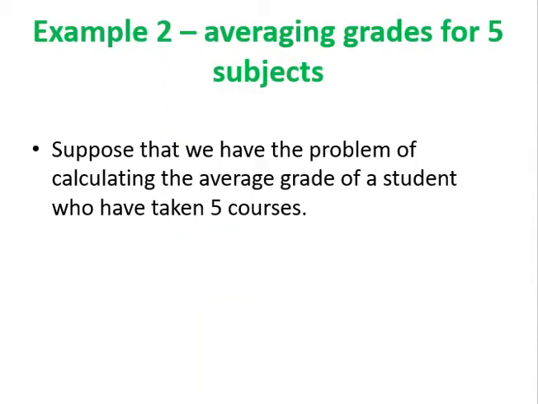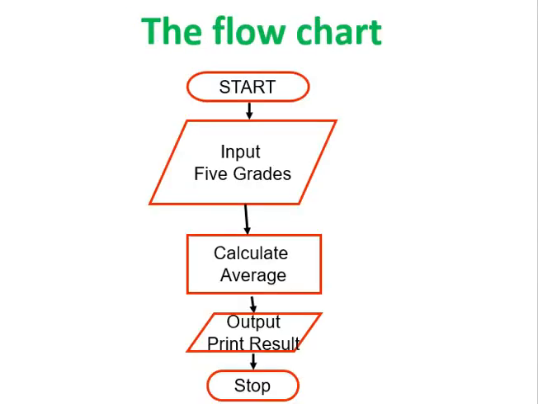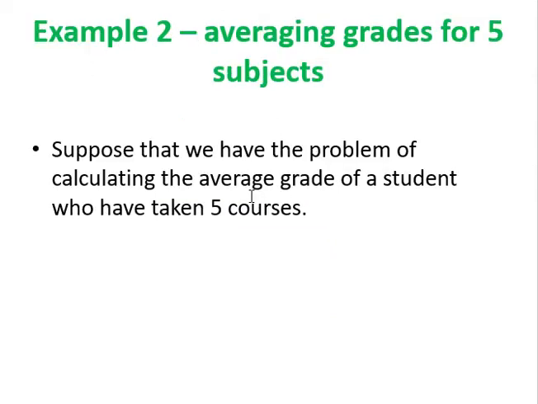Suppose we have the problem of calculating the average grade of a student who has taken 5 courses. Let's start a simple flowchart: start, input the 5 grades, and then calculate the average as per the statement. We have to calculate the average grade of 5 courses.